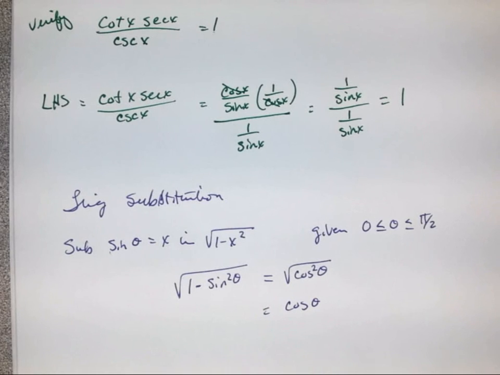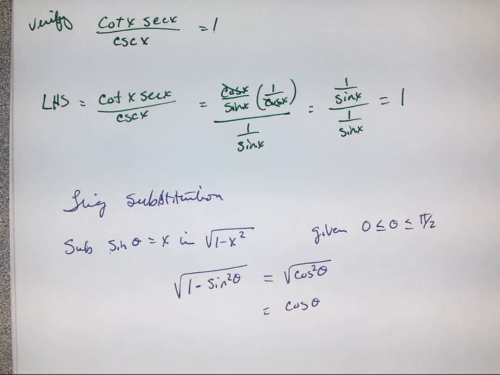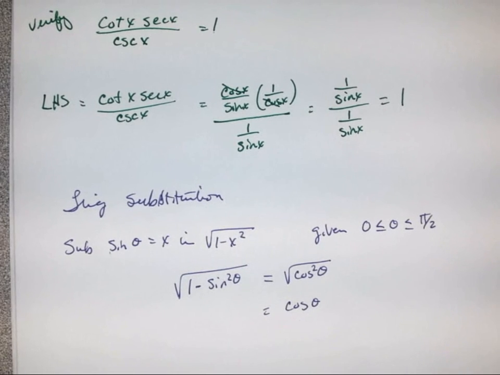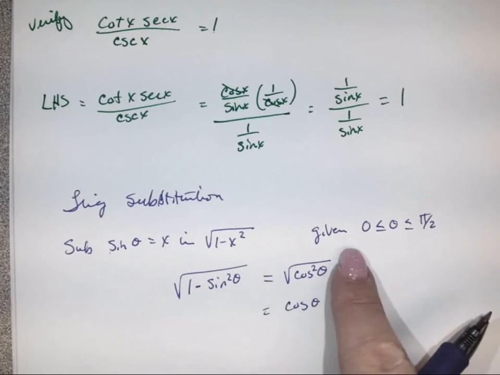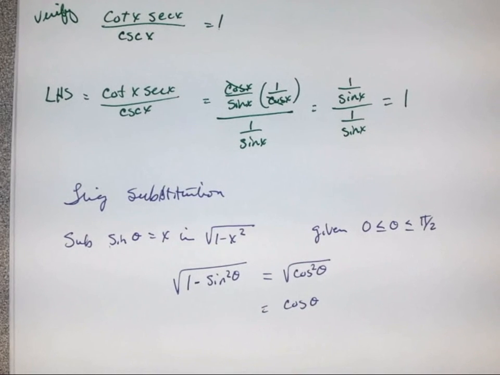Now, we are in 0 to pi over 2, which is quadrant 1. So cosine has to be positive because we are in that quadrant for all the values that are given. We know that cosine theta is going to be positive because of the quadrant it's in, between 0 and pi over 2.